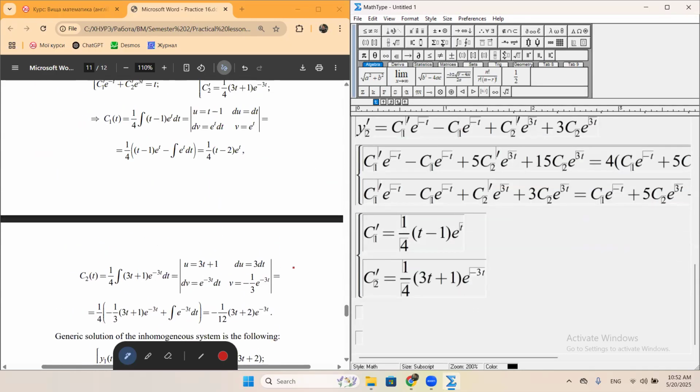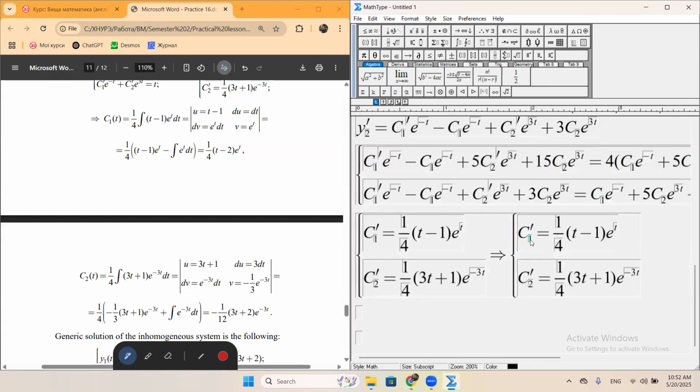So after we integrate this expression, we will receive that C1 equals 1 over 4 (t minus 2) e to the power of t, and C2 equals minus 1 over 12 (3t plus 2) e to the power of minus 3t.